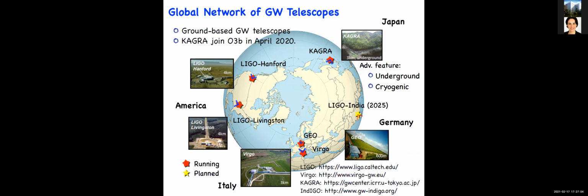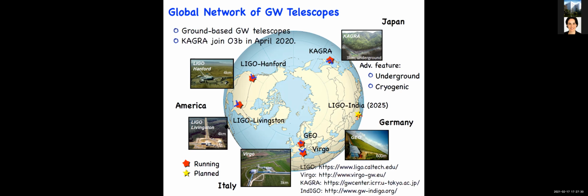Here is the ground-based gravitational wave telescope network. In America there are two large-scale telescopes called LIGO, about 4 kilometers long.